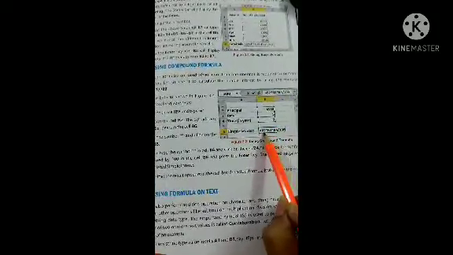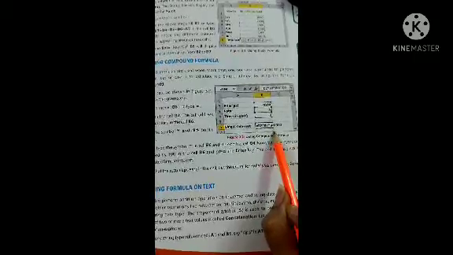B means column and 2 is the row, so the cell address is B2. So you write B2 multiply by B3, then B4 upon 100. This is the formula of simple interest. Press the enter key, and all of you got the answer.